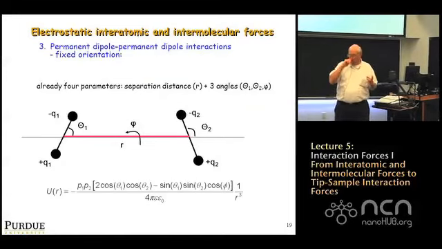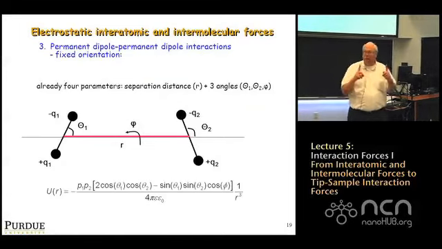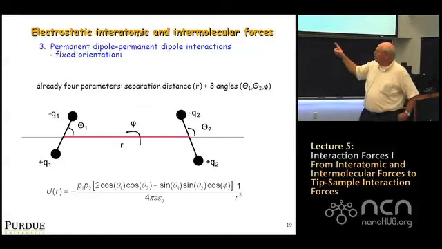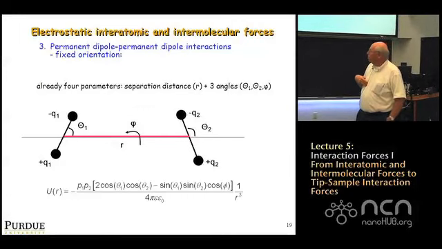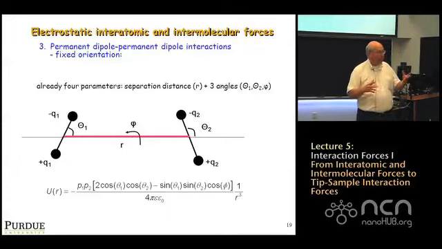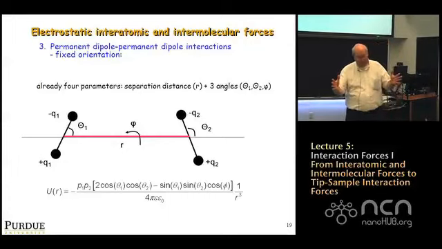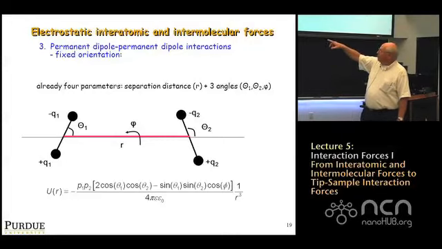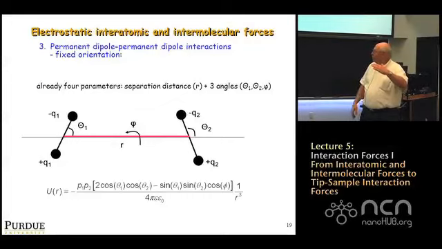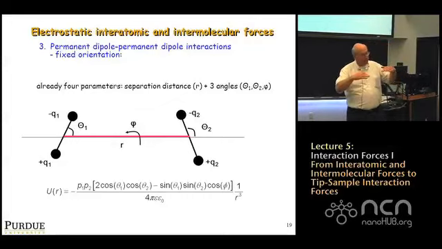This is the case where you've actually got two dipoles separated by some distance r. And this already starts to get complicated because you've got 4 variables you've got to take into account. You've got to take into account the separation between the dipoles. Dipole 1 could be oriented at an angle theta 1. Dipole 2 could be oriented at an arbitrary angle theta 2.